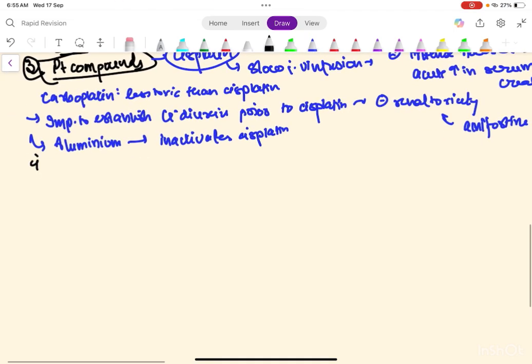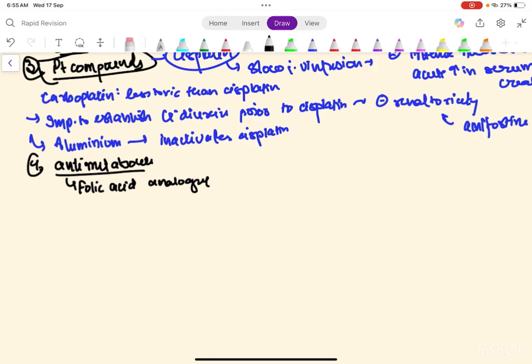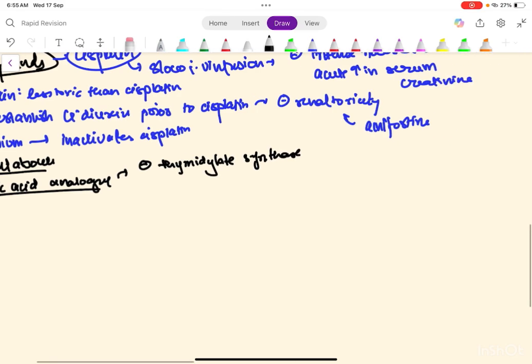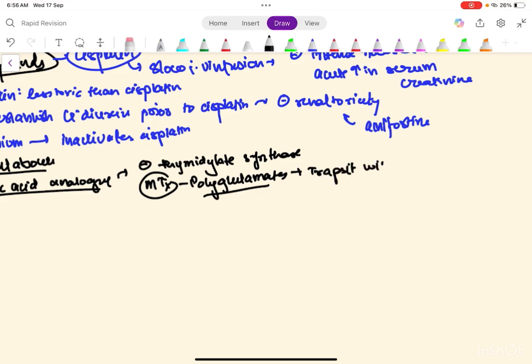Then coming on to anti-metabolites. Now in anti-metabolites, first is folic acid analog. Basically they inhibit thymidylate synthase. Methotrexate basically forms polyglutamates and traps it within the cell, so it becomes cytotoxic to neoplastic cells.